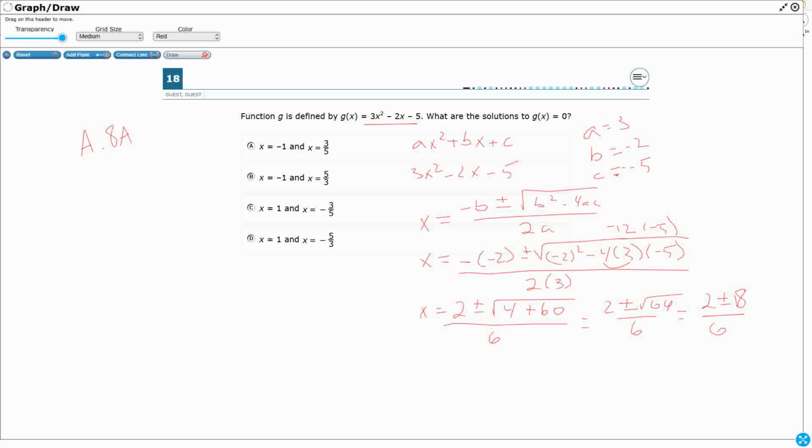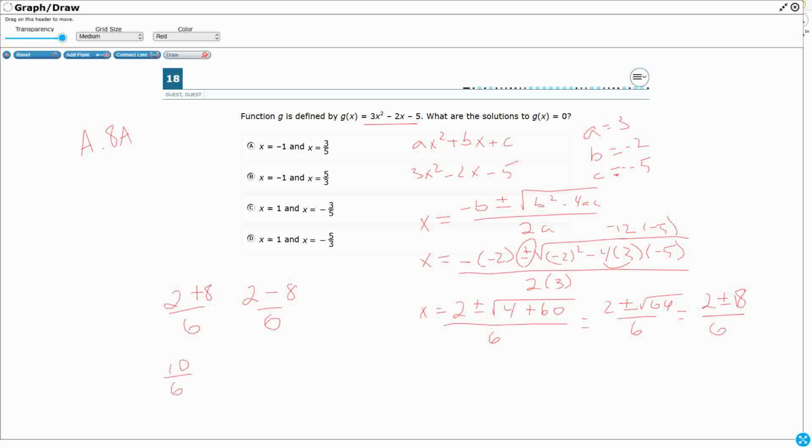So we need to think of that twice, right? X equals, so what I have here is a 2 plus 8 over 6. I also have a 2 minus 8 over 6. That's where this plus or minus comes into account there. Is that plus or minus whatever emerges out of that square root. So that could be 10 over 6, right?